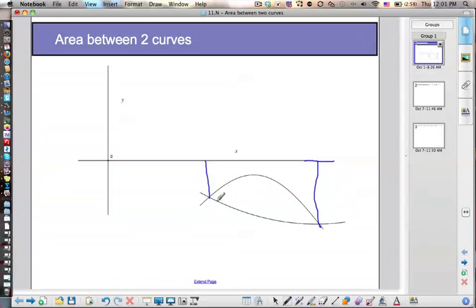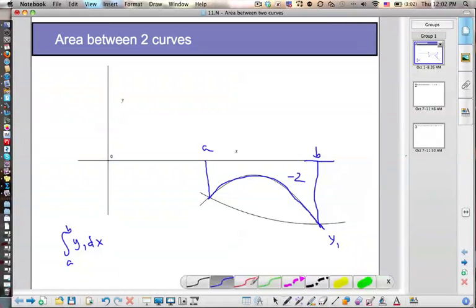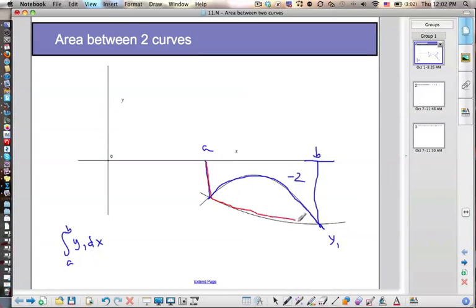This one is the area under y1 again. So the integral from a to b of y1 dx, and we'll say that this one is -2. Then minus the integral from a to b of y2 dx, which is the bottom curve again, and we'll say that this is -3.